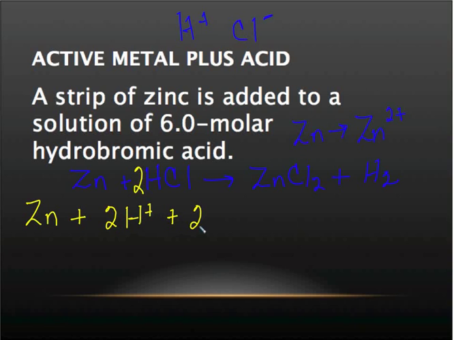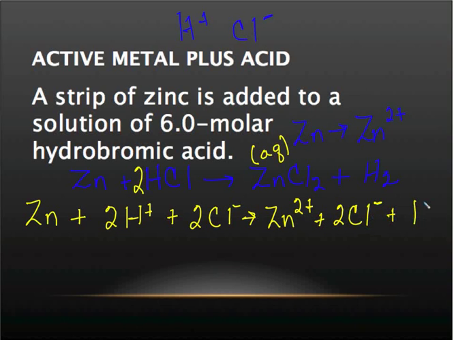Strong acids, we dissociate. 2H+, 2Cl-. Zinc chloride. You just had your solubility quiz, and it's for this reason that you see it. I'd get Zn2+, 2Cl-, plus that hydrogen gas present.